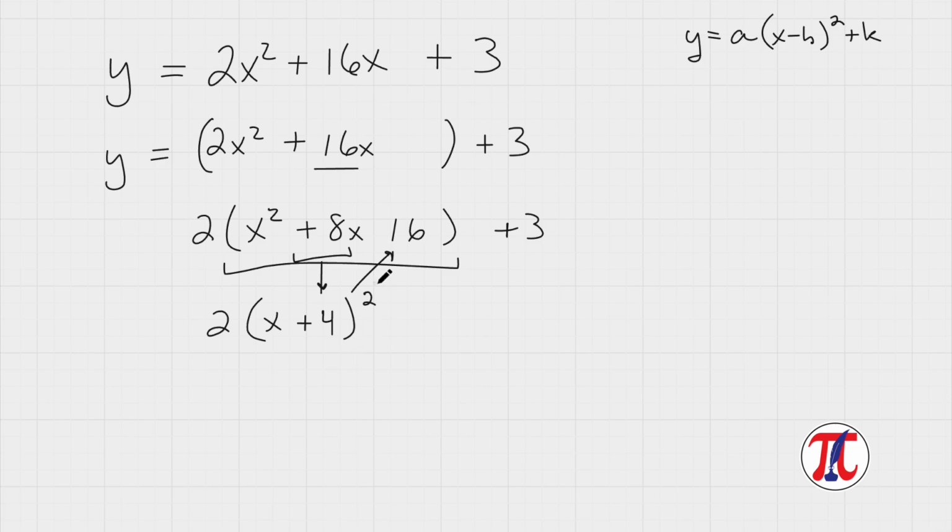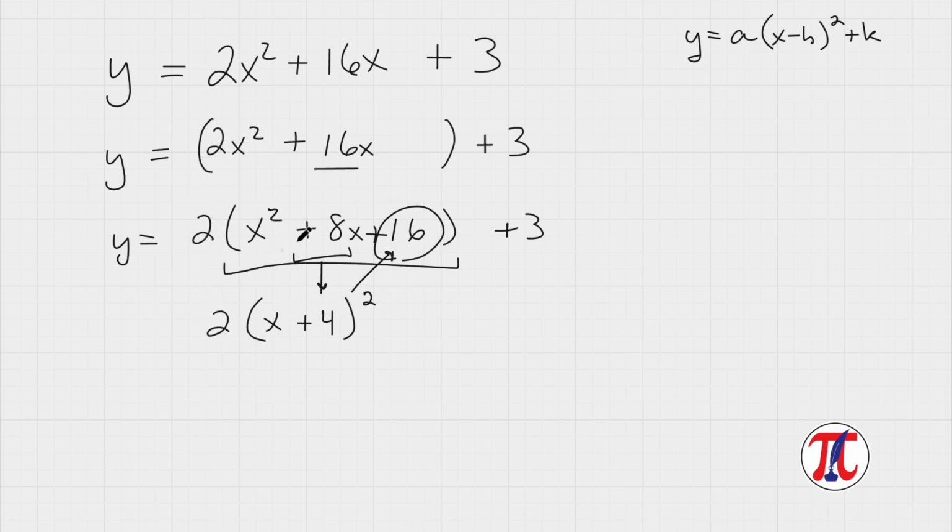So remember, I can't just go ahead and add a 16 inside here and call it good without doing anything else to the equation. Since this is an equation, I have to keep it balanced. So I have to subtract something. But remember, this isn't just 16. It's actually 16 times 2 because this 2 I factored out.